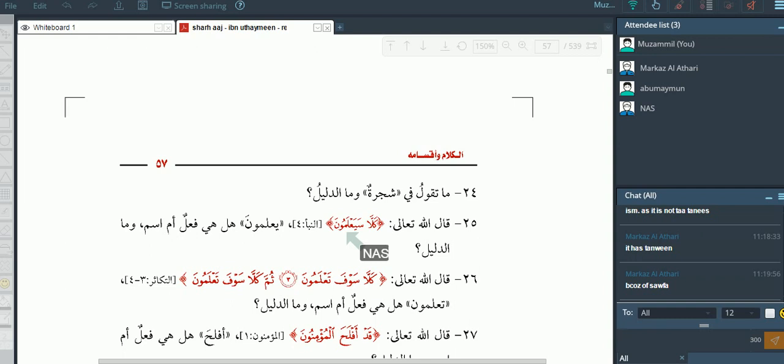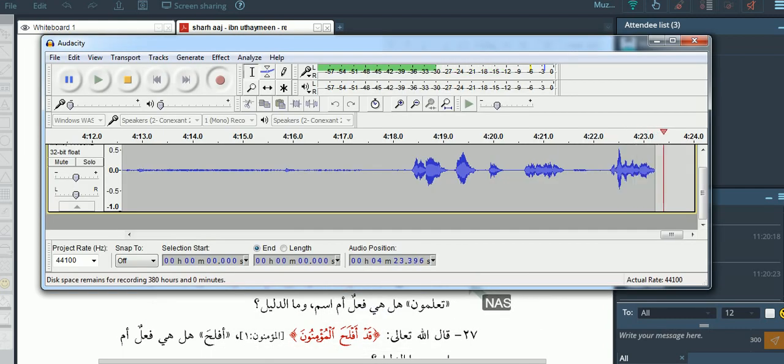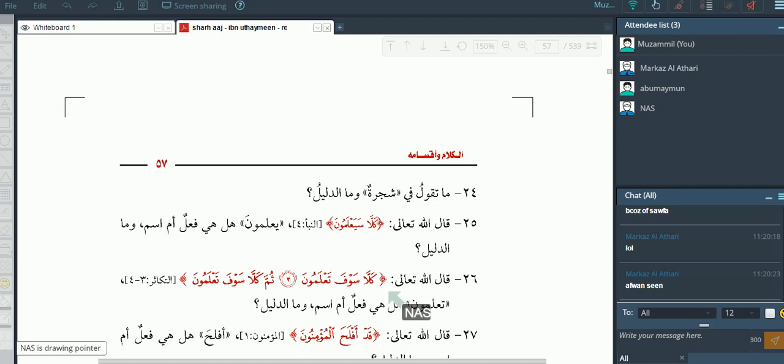Because of sofa. There's no sofa there, akhi. Maybe you're looking at the answer key and you checked the wrong question. There's no sofa in that word. كلا سيعلمون. The seen, naam. You saw the seen. Because of the seen, this is a فعل. هذا فعل والدليل دخول حرف السين عليه.